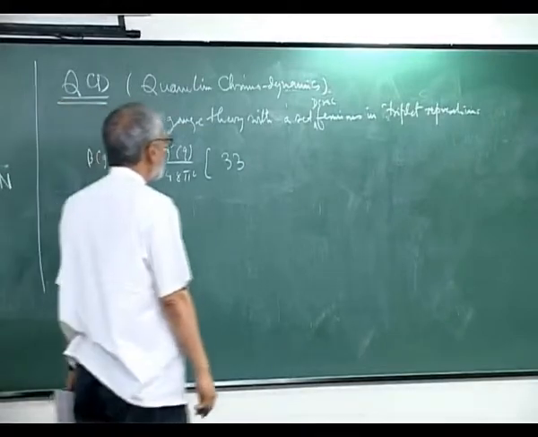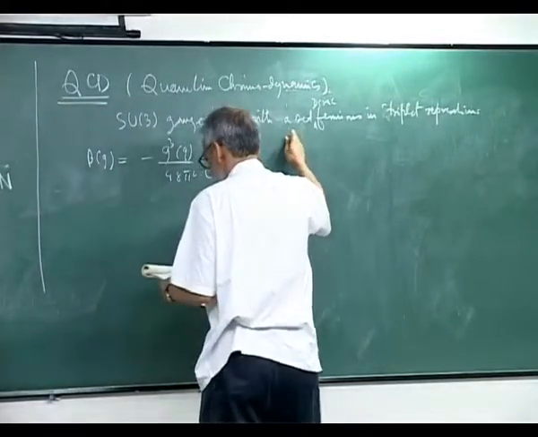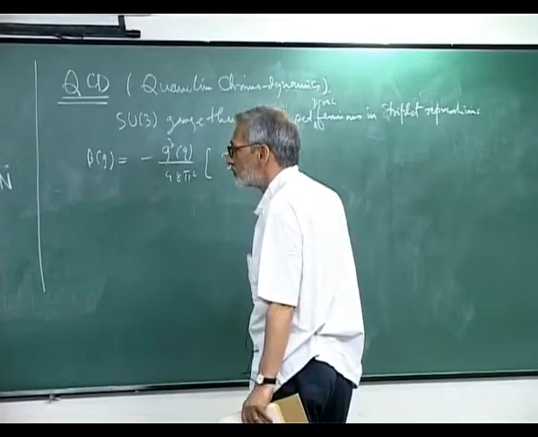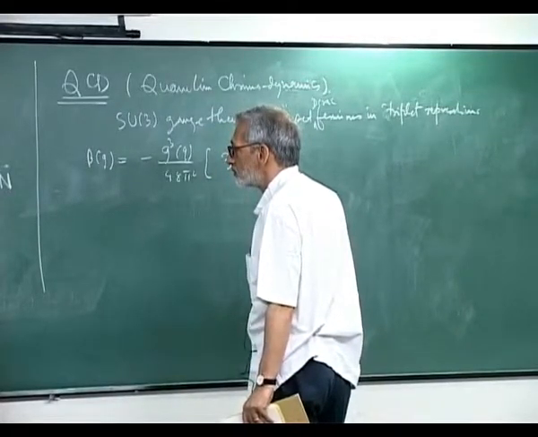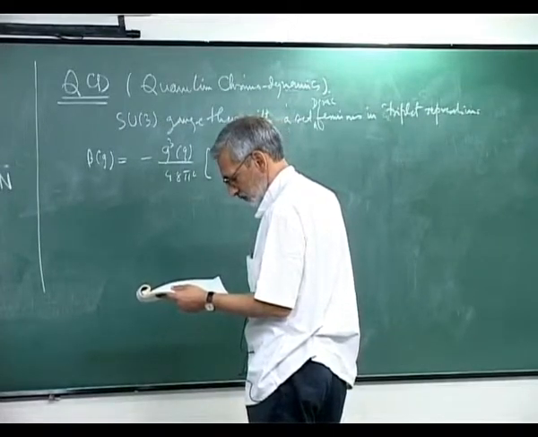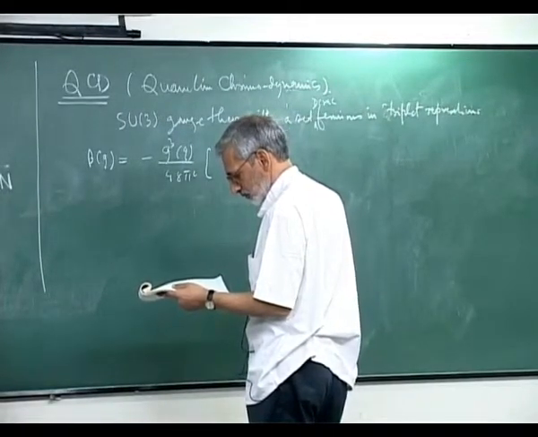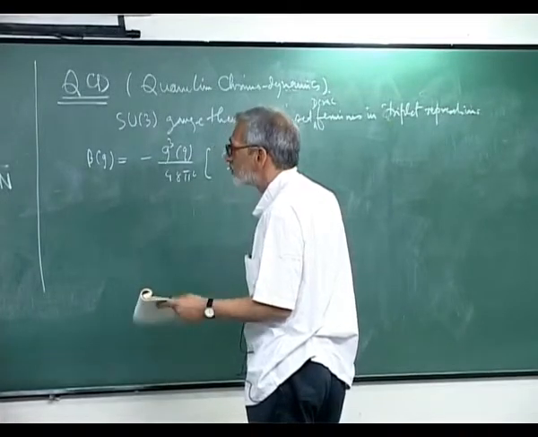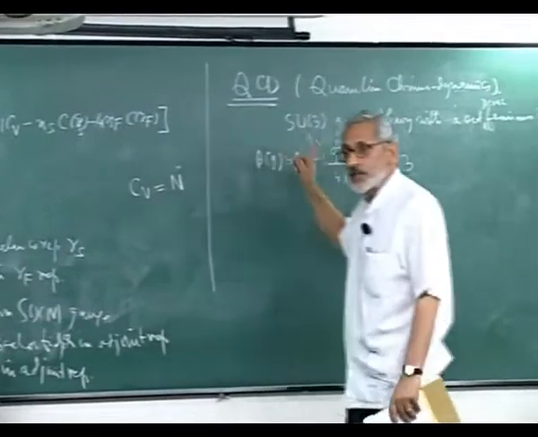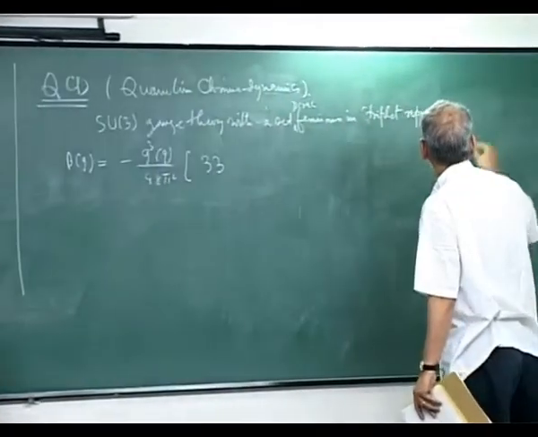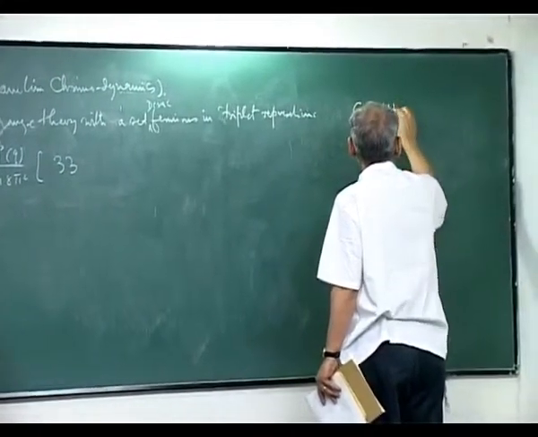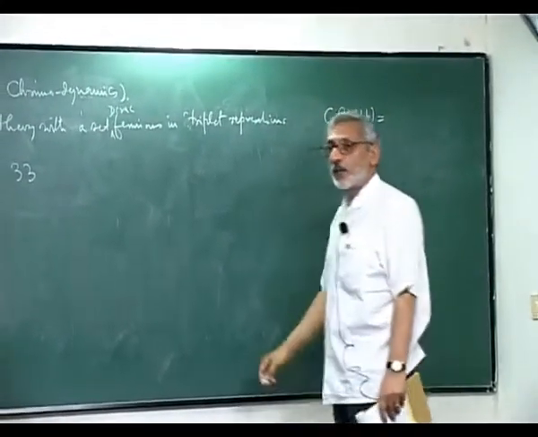Then it has a set of fermions, and in the triplet representation, C of triplet representation, can anybody tell me what it is?